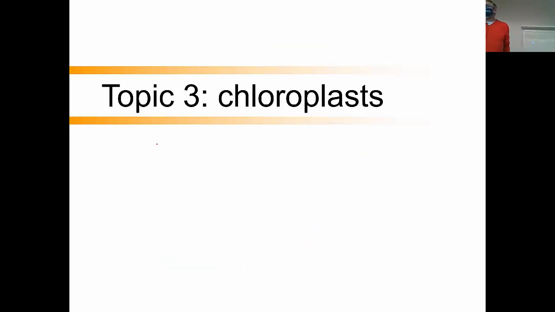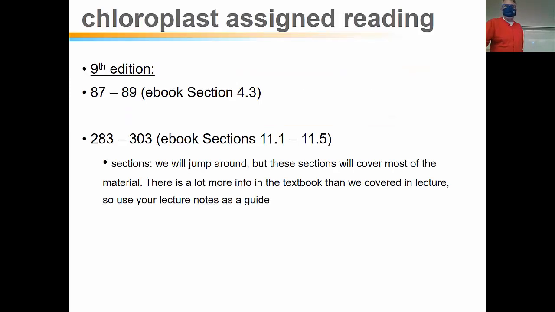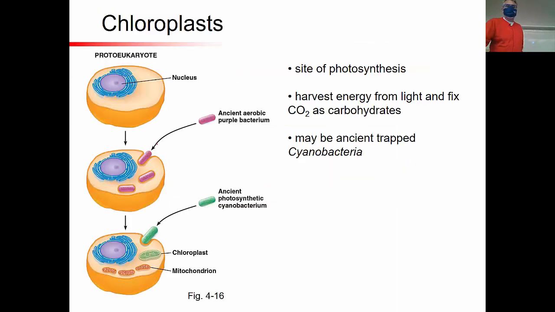We're going to move now to another ancient trapped bacterium, and we're going to look at chloroplasts. So here we have our proto-eukaryote that has its nuclear embedded or encased genetic material. It's picked up, in this case, they're saying it's from an ancient purple bacterium.